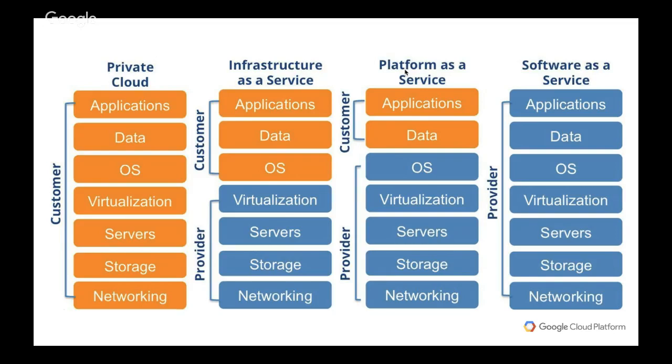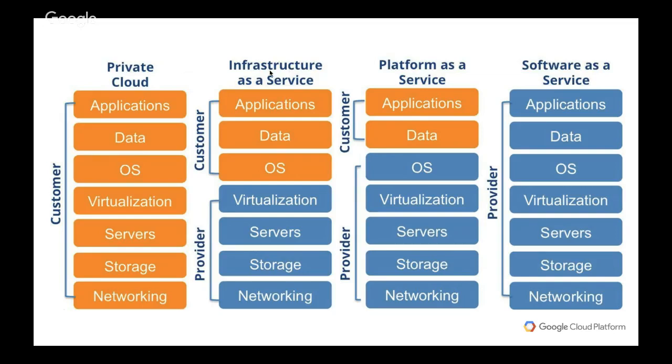So we have 4 models here. Private cloud, which is managed by the big players in the market, like for example Google GCP or Amazon AWS or Microsoft Azure or Alibaba Cloud or any of these giant companies, where they can create, build, deploy and scale their own data centers.